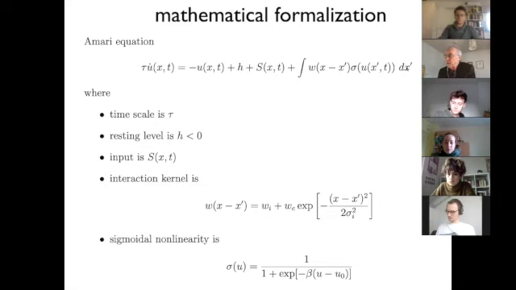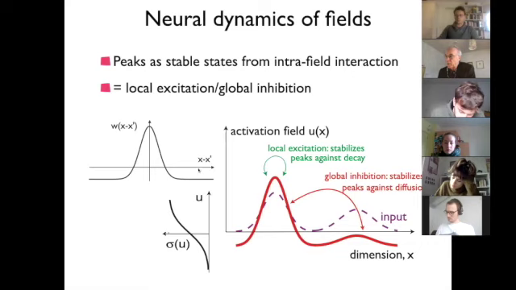If you're looking at distances, locations x prime, that are far from the location you're looking at, so this is a large distance, then this factor has decayed, and therefore only this coefficient here would remain, and we arrange for that to be a negative number. So in this picture, this distance here, that will be the WI, the inhibitory contribution, is a negative number.